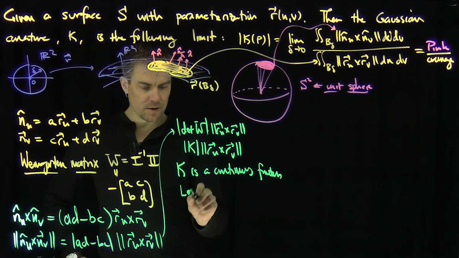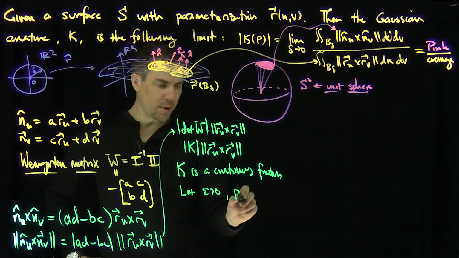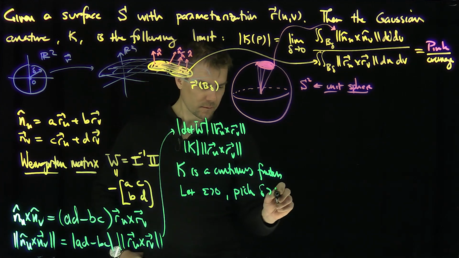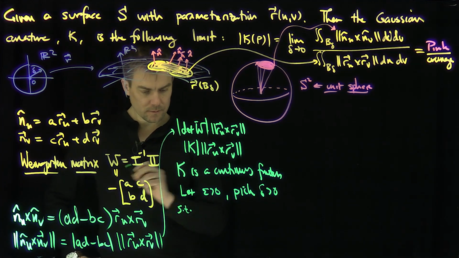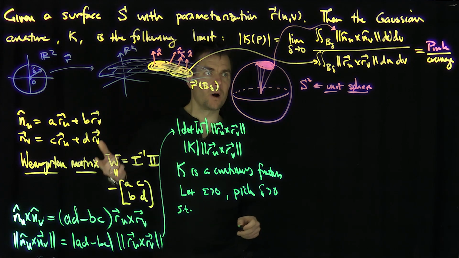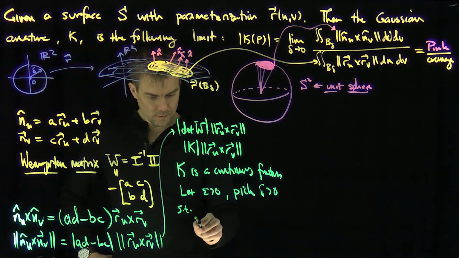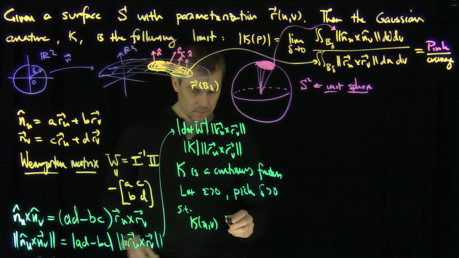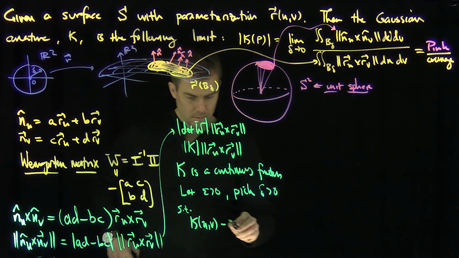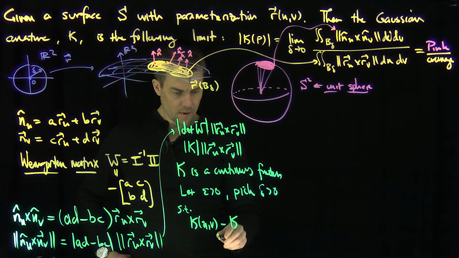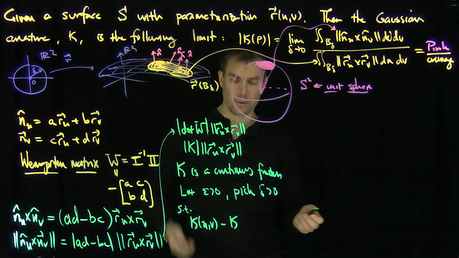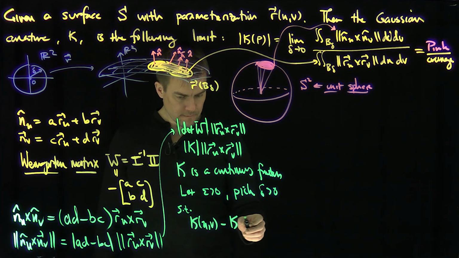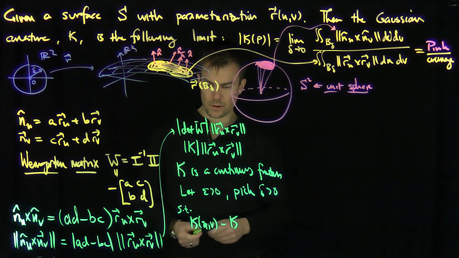So if I let epsilon be greater than 0, I can pick delta such that if we're in this ball of radius delta, the absolute value of k of u, v minus k of the point that corresponds to 0, 0 is less than epsilon.